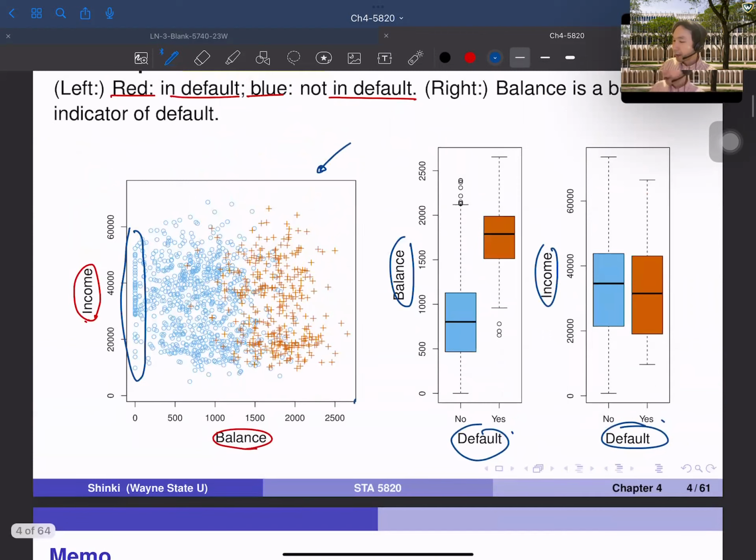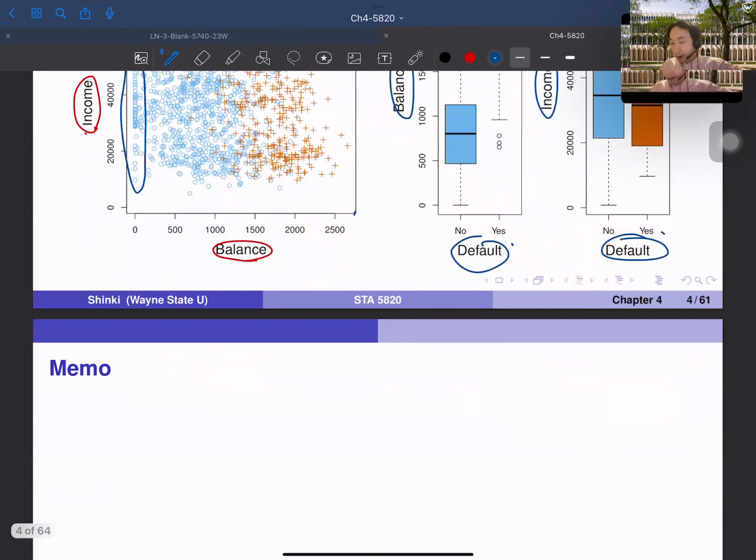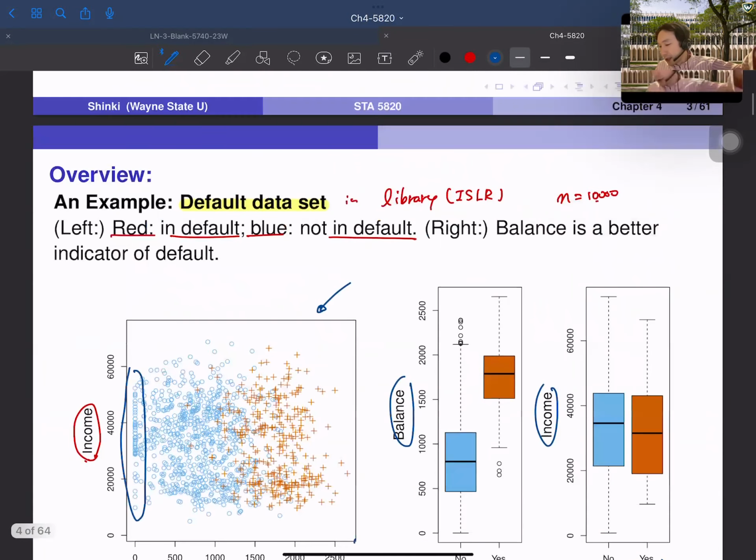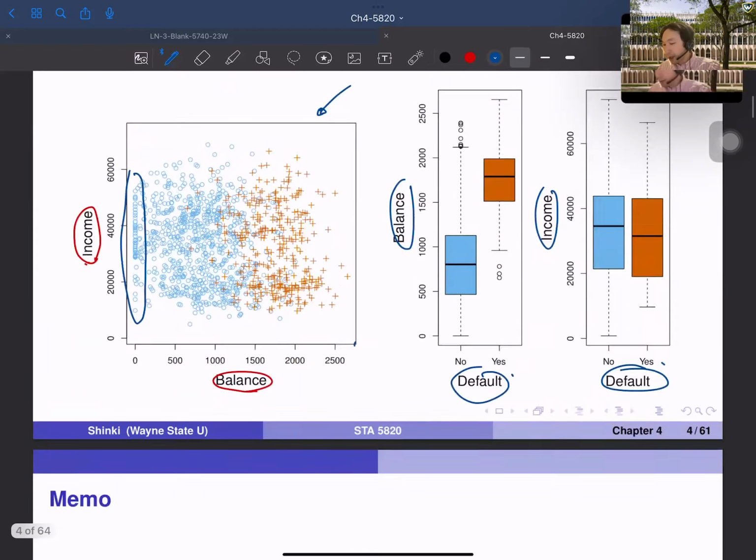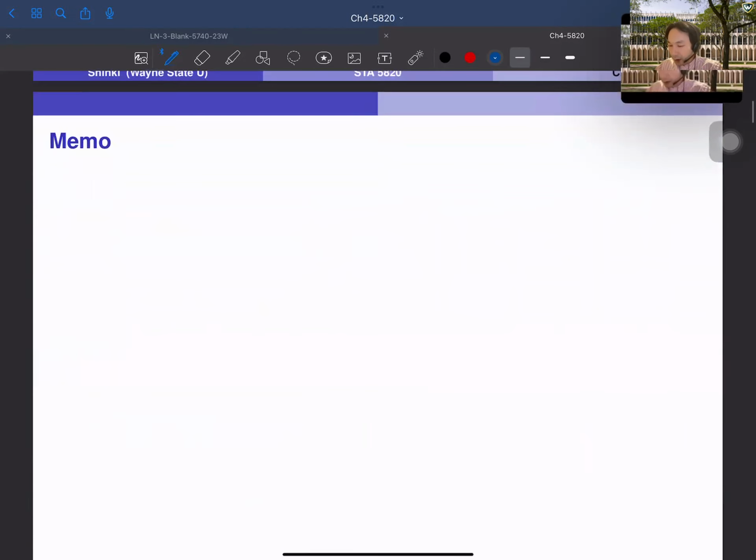And now we think about fitting the regression model for this. Obviously, the response is either in default or not in default. So suppose default is 1 and not in default is 0. Then what does the situation look like?